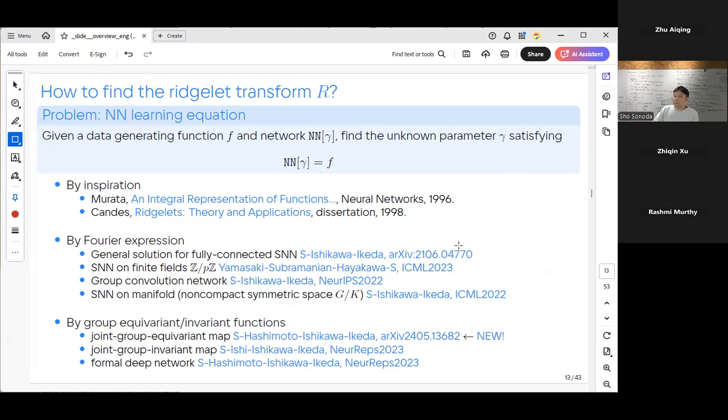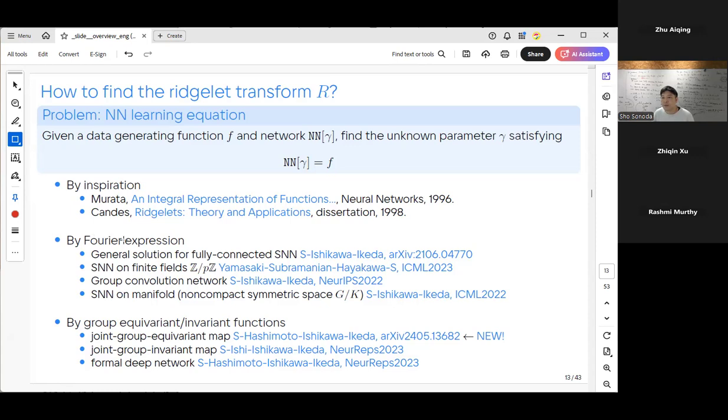So in the last few years, we developed a systematic method to derive the Ridgelet transform for general neural networks. Until today, we developed two methods, two schemes. One is by using the Fourier expression, and the other is by using group representation theory. The main topic today, in the second half of this talk, is the scheme using group equivariant functions or group representation theory.